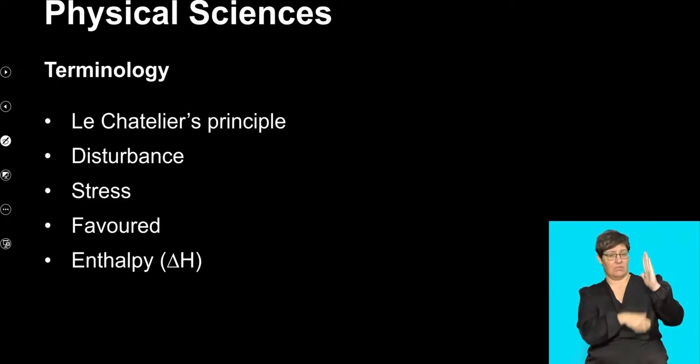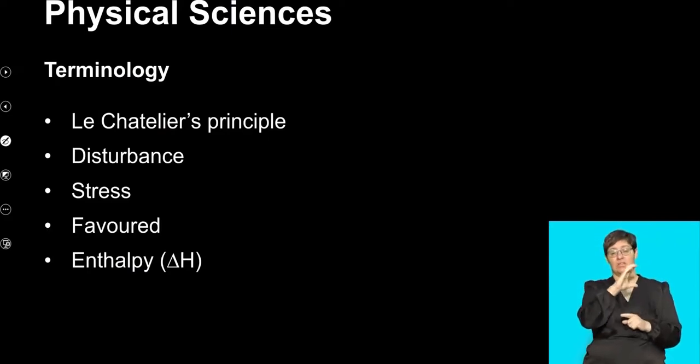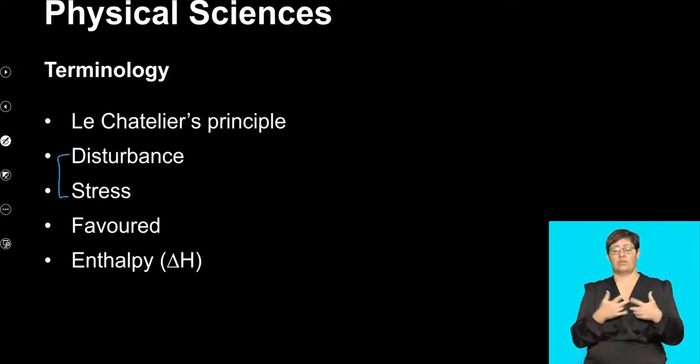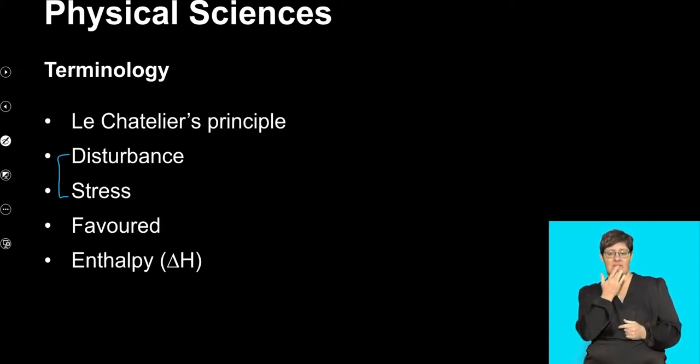The terminology is Le Chatelier's principle, which we will shortly define. We're going to talk a lot about disturbance, or sometimes we will refer to this disturbance as the stress, seeing that the stress is what's going to happen at equilibrium after equilibrium has been reached. Then we're going to talk a lot about the word favored.